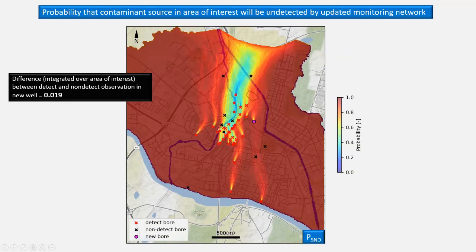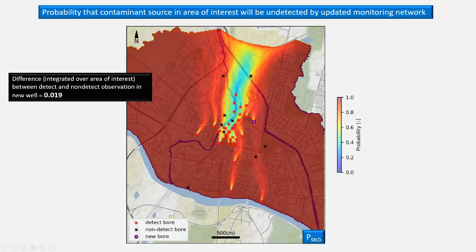So I can focus on this well here, and I can focus on the PSND statistic. I can say, what is the difference between that probability integrated over all of this area between me detecting a contaminant here or not detecting a contaminant here?